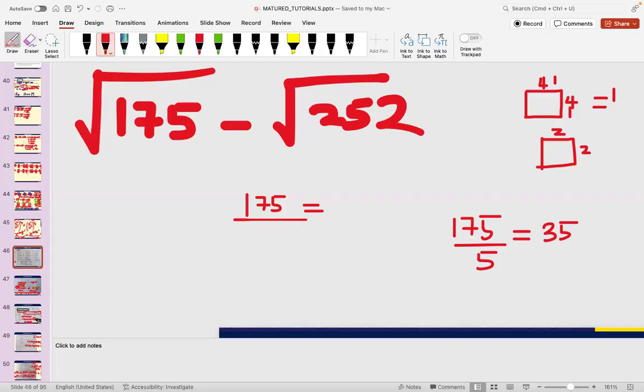Once we have the 5 here, like I was going gradually, 175 divided by 5, you get 35. So you ask yourself, can we break down the 35? Yes, we have 5 and 7. So this one will become 5 times 5 times 7.